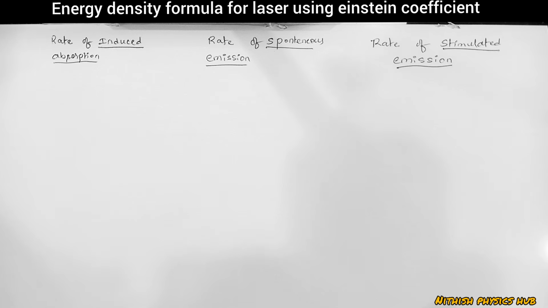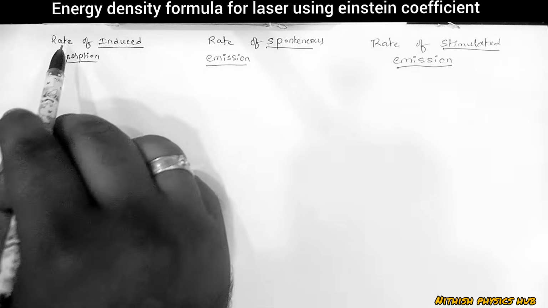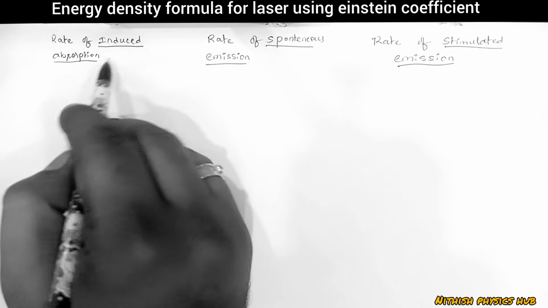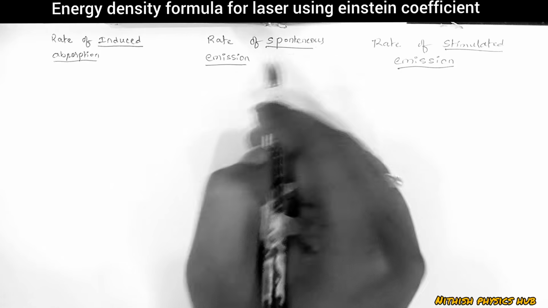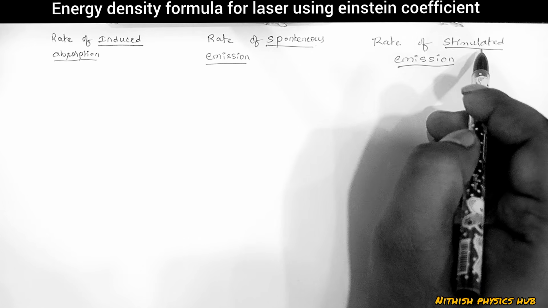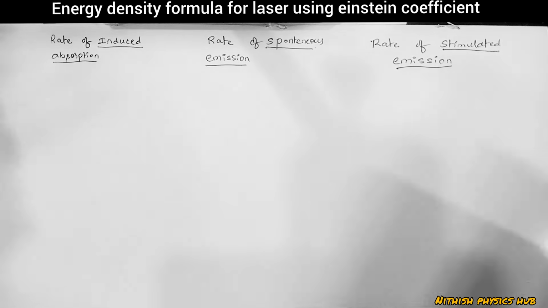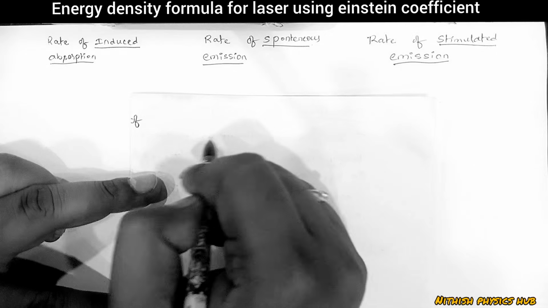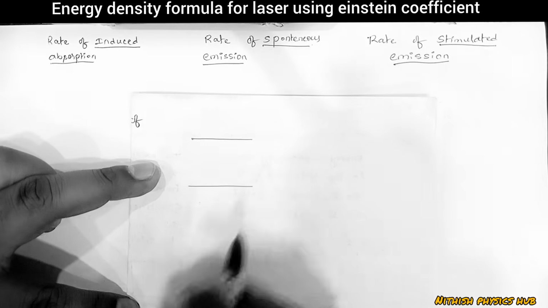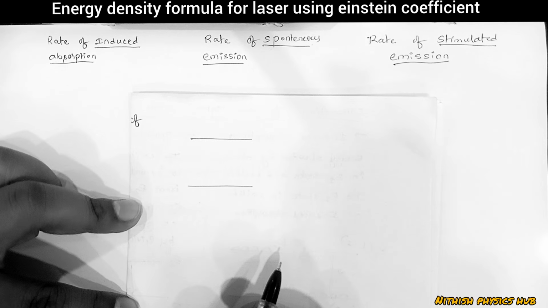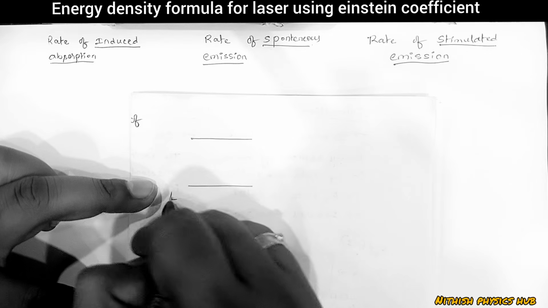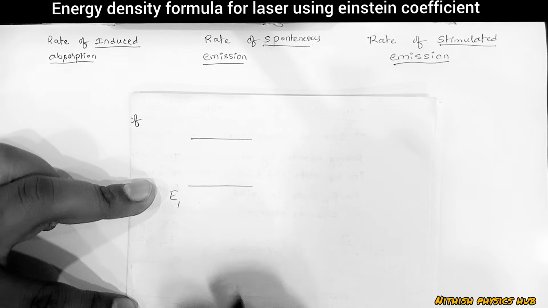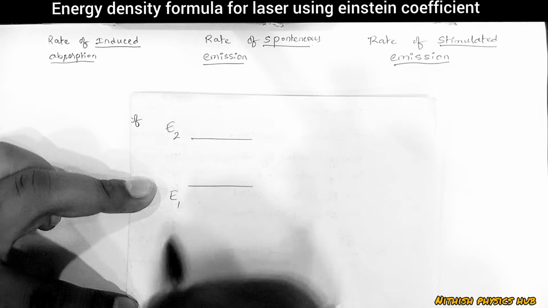What the energy of that particular laser will be is derived using the following expression. First we will find the rate of induced absorption, the rate of spontaneous emission, and the rate of stimulated emission. Let us consider the energy density equation by considering two energy levels, where E1 is called the ground state and E2 is called the excited state.